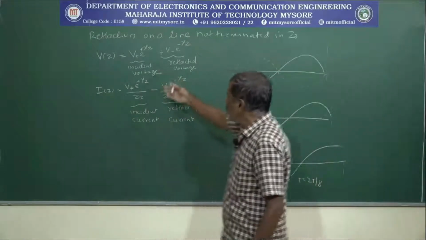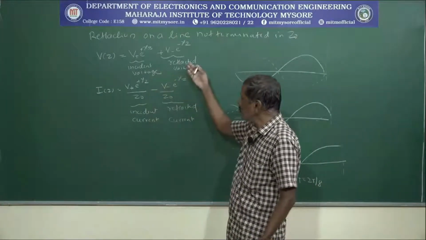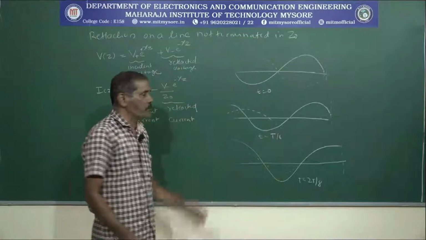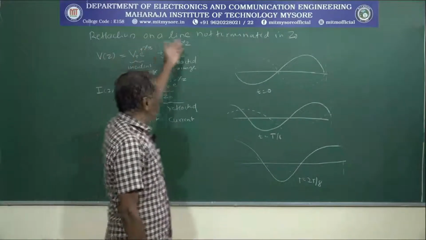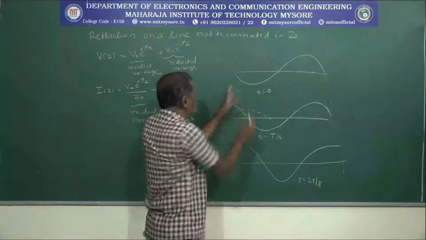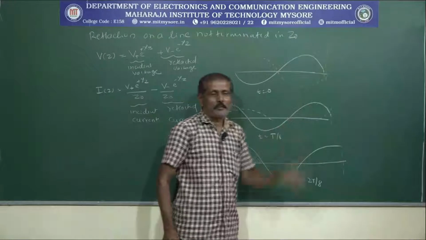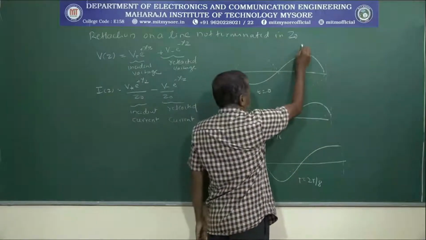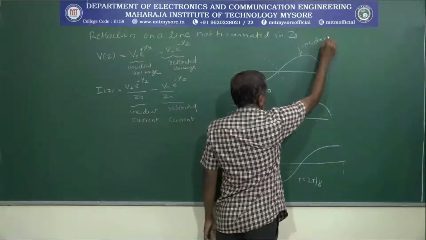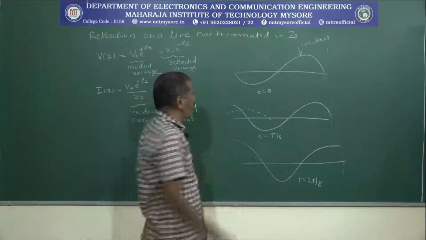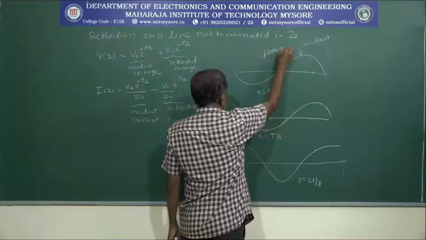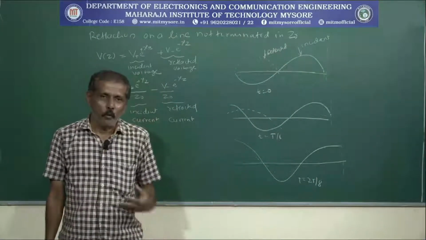Now, let us see what is meant by incident voltage, reflected voltage, incident current and reflected current with the help of this particular diagram, if the line is not terminated with the characteristic impedance Z0. Here, this complete line is your incident voltage or current, and this I am taking as the reflected one.